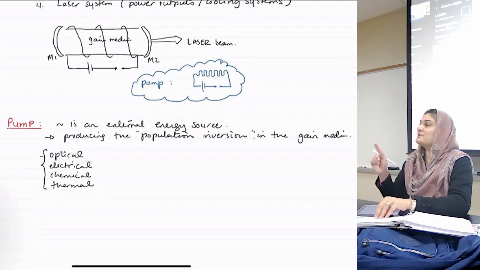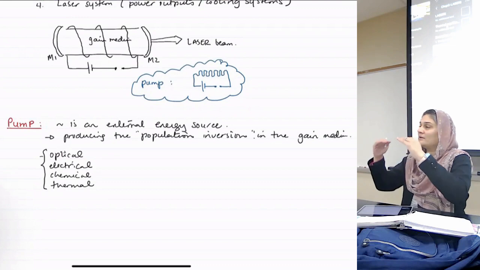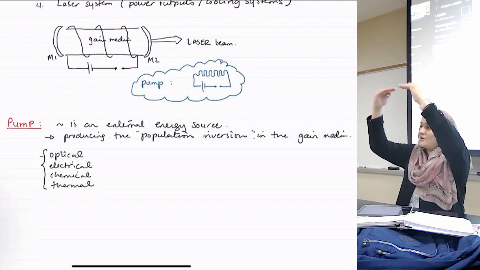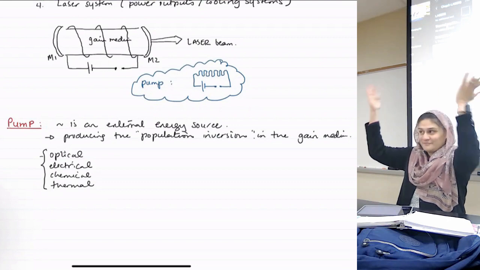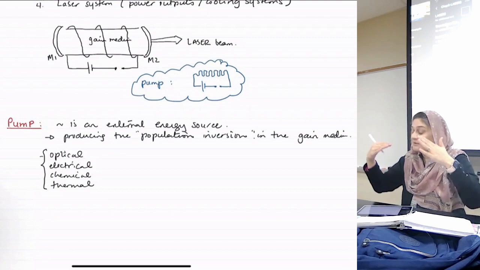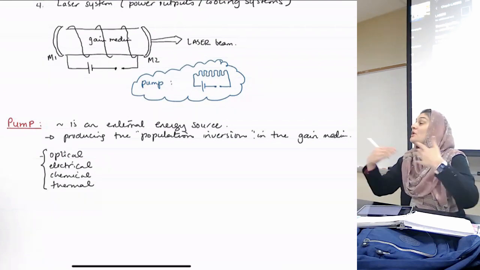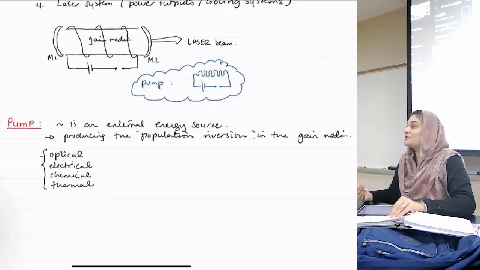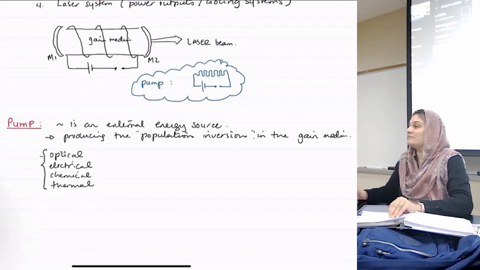What was population inversion? We talked about it, right? It is the fact that more atoms need to be in their excited state. So the pump is causing that population inversion in the gain medium.